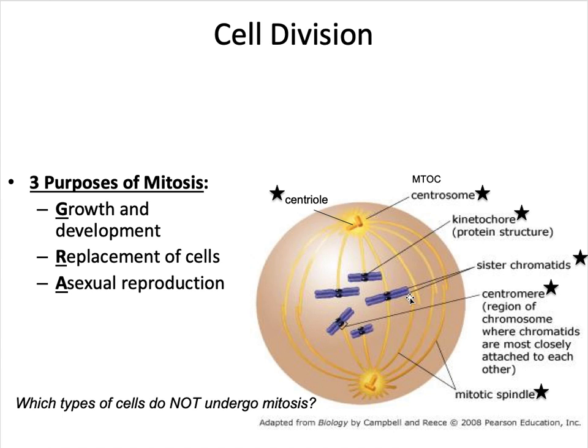And of course, this right here is one sister chromatid, and this is another chromatid. These two chromatids are held together by a centromere.